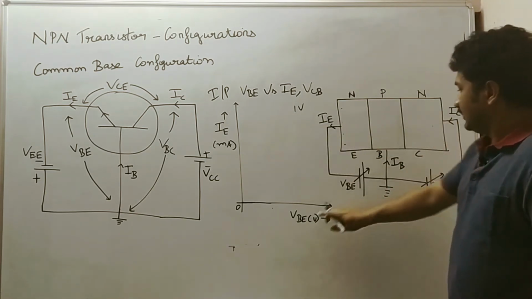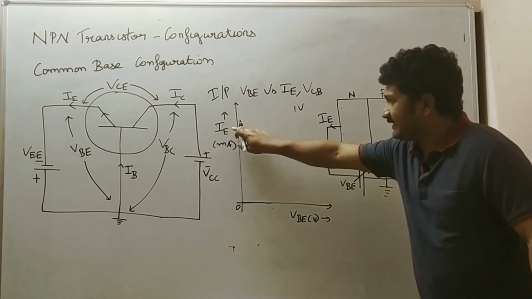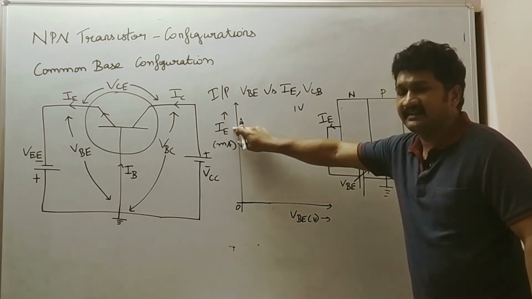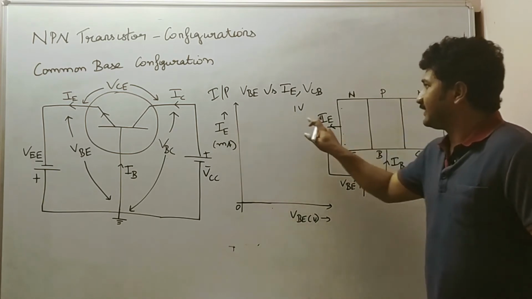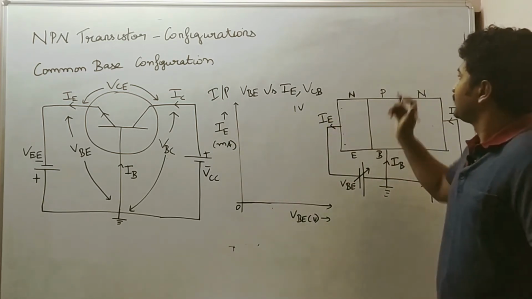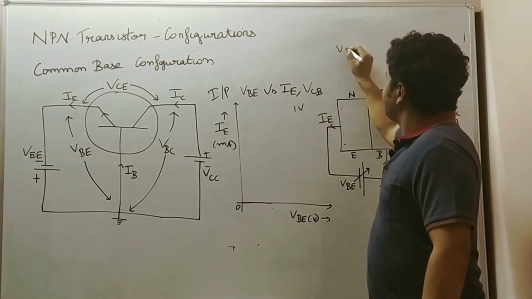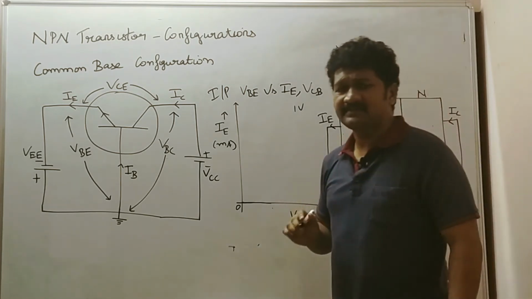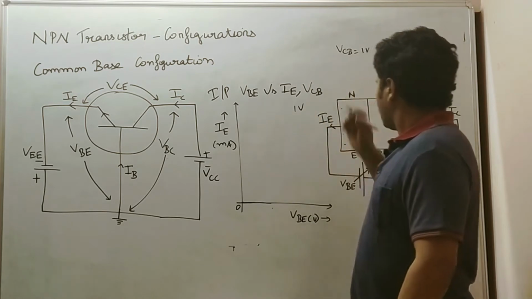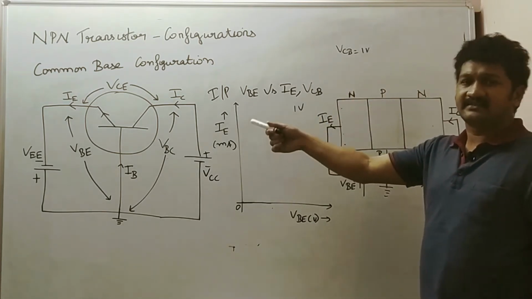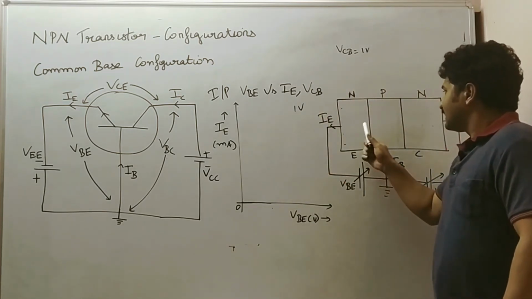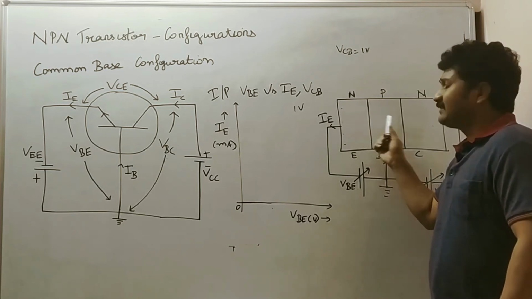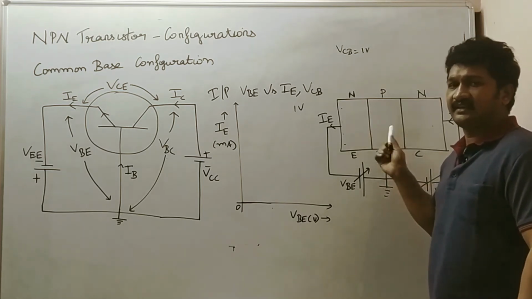Here VBE is varied and the change in emitter current IE is seen, by keeping VCB constant. So now let's have VCB as 1 volt. As I already told, even in the NPN transistor CE configuration, this PN junction behaves as a forward biased PN junction diode.